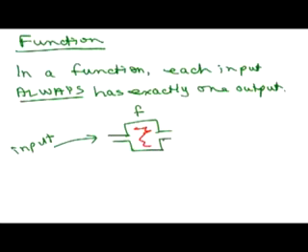Okay, there's something going on in here. And then out pops an output. And exactly one output comes out of there. It's not like the next time I put in the exact same thing, something different will come out. So in the next video, we're going to concentrate on functions.